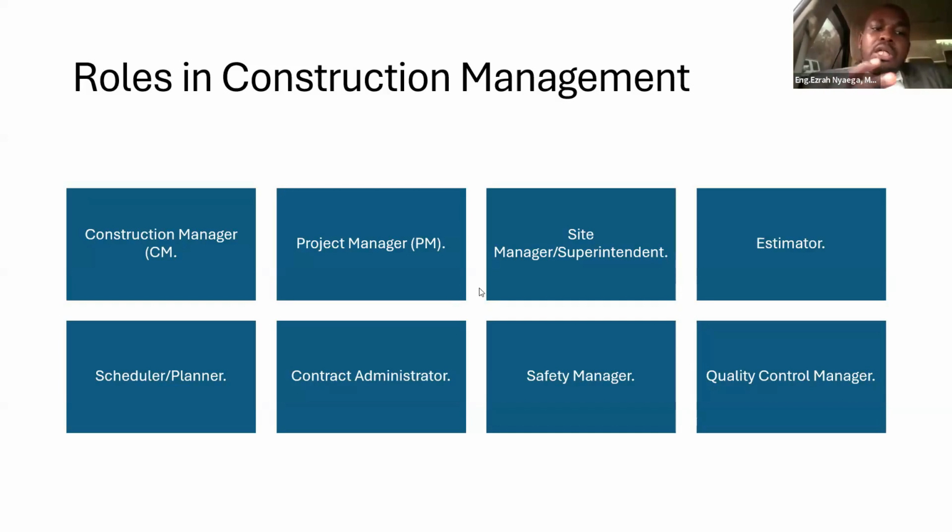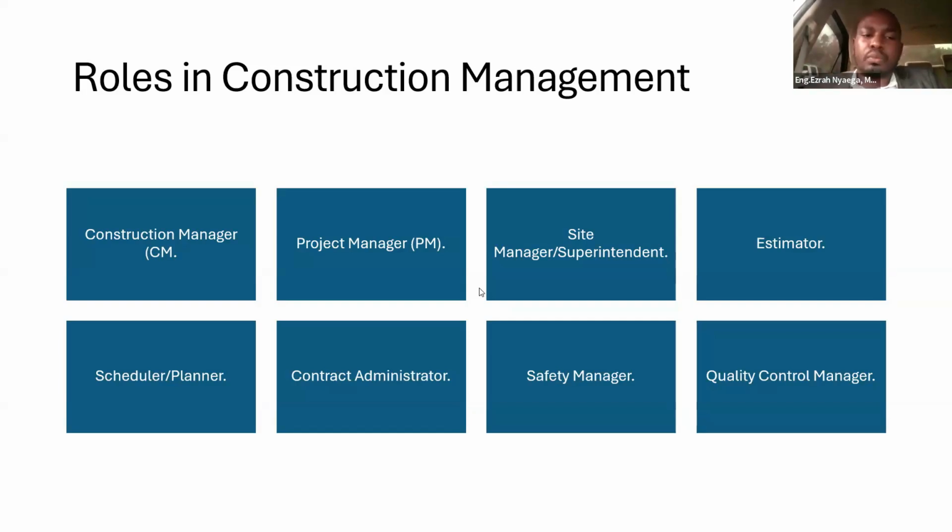So you may have more than one infrastructure project under your care, and you oversee them from inception to completion.